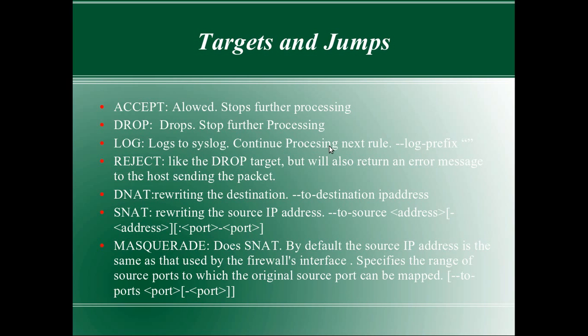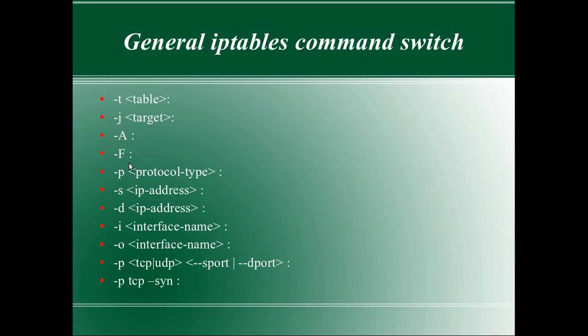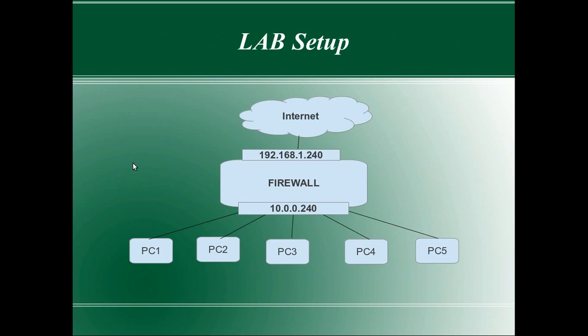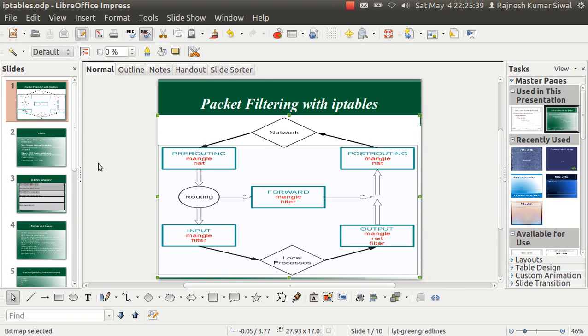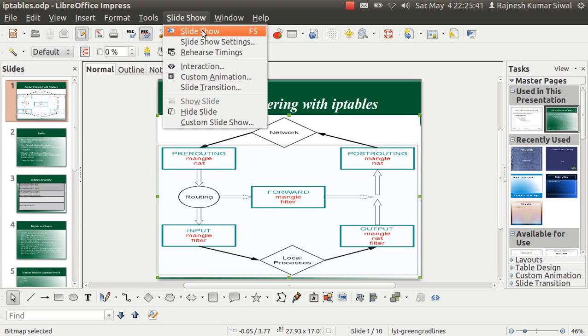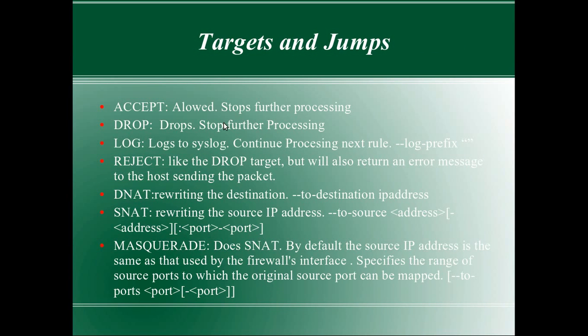Why do we want to continue processing? Because what it did is simply logging. No action was taken whether it's to be accepted or dropped. Other action could be to reject.